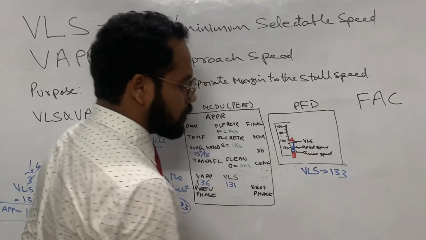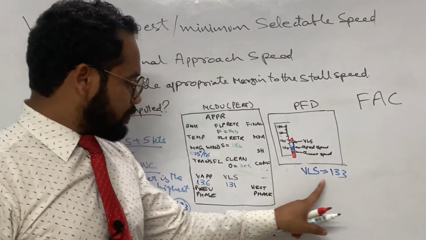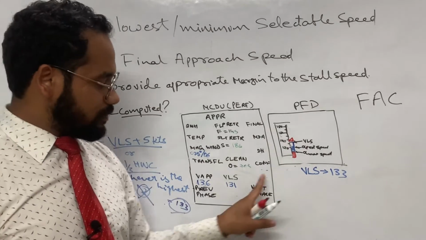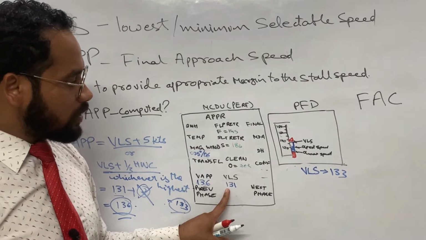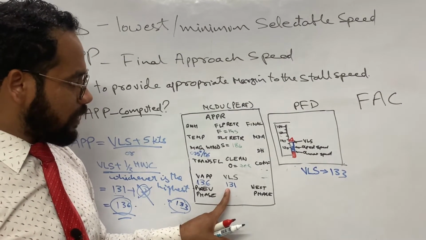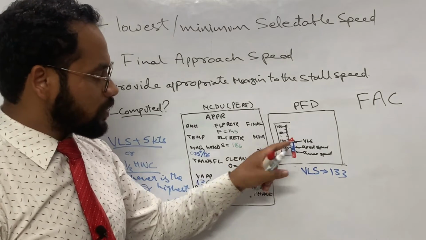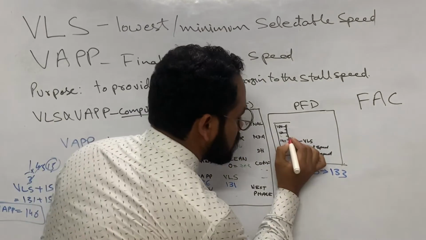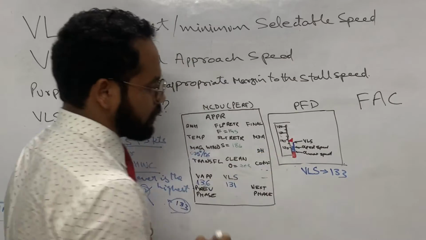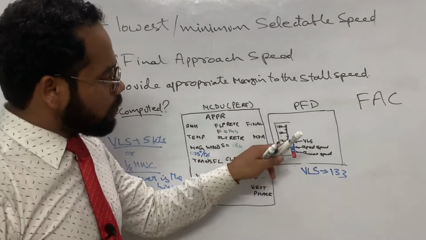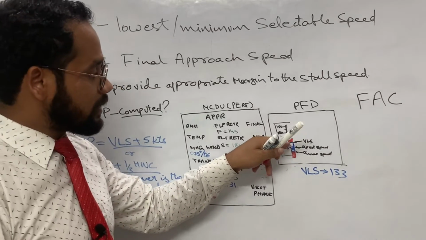Now if you see the VLS here and the VLS here, they are different, right? Here is 133 and here is 131. What about the final approach speed, that is VAPP? Here it's 136. Here also it is 136. Suppose this is representing 136 by means of the magenta color pointer. So the top of this amber scale, which I told you in the beginning, is your VLS.